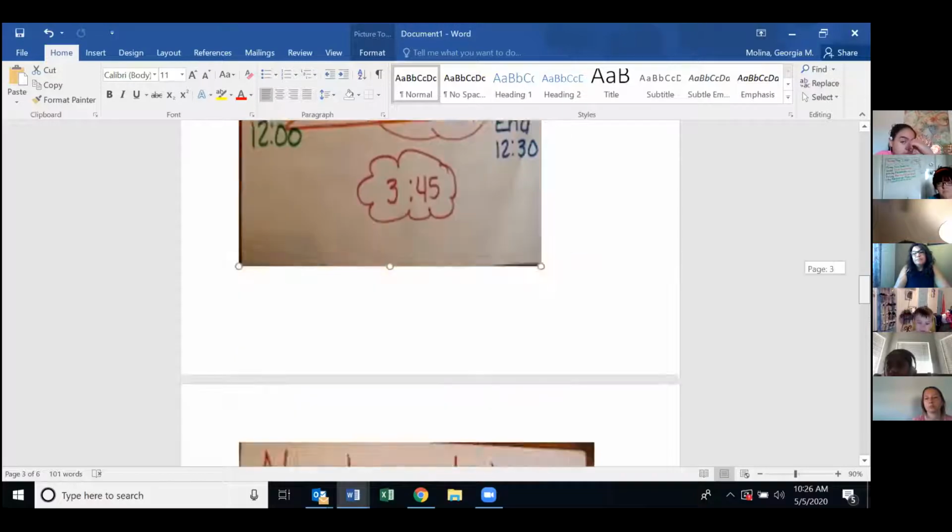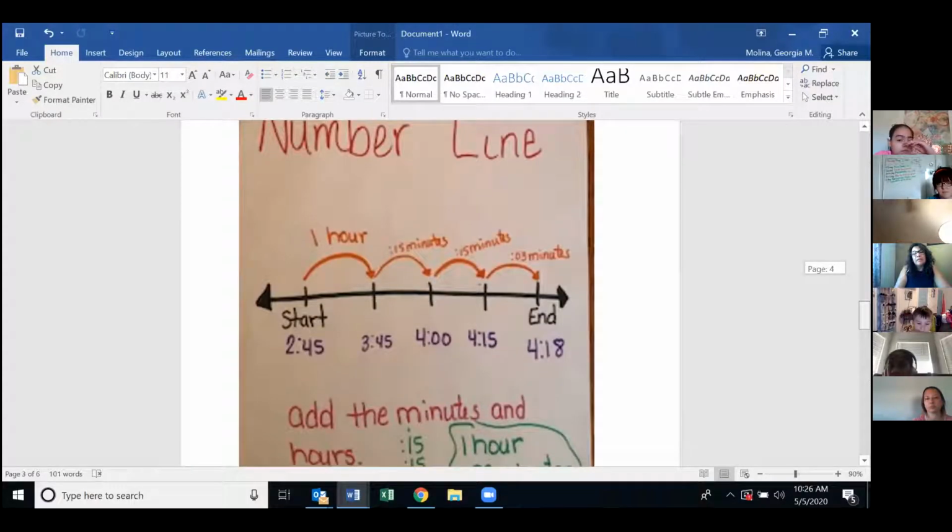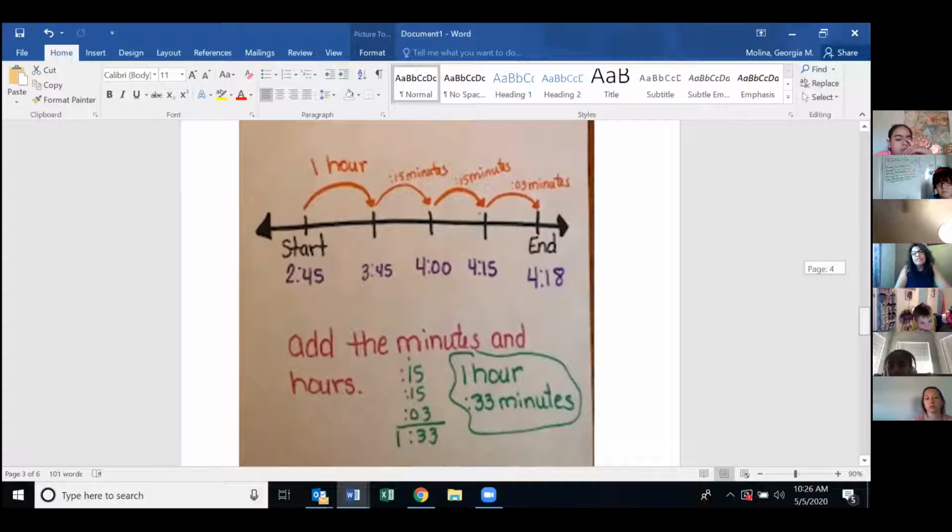Now, there's also the number line, and I believe you're going to see it on your work today. And I know when we did this in class, I just said, use whichever method you feel more comfortable with. So if you look, we started at 2:45 and we ended at 4:18.